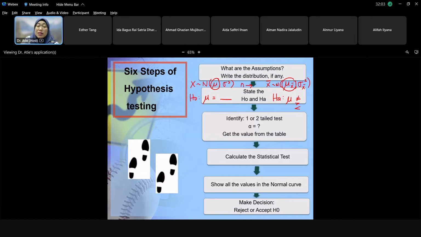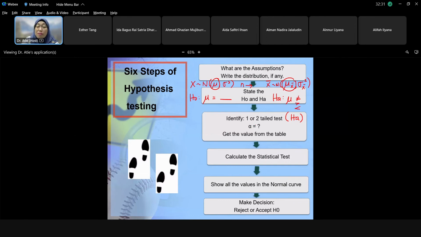Then identify a one or two tail test, which again you refer to your HA. If your HA has a not equal sign, it's going to be two tail. Greater than is one tail right, and less than is one tail left. And then alpha, which is usually given in the question.